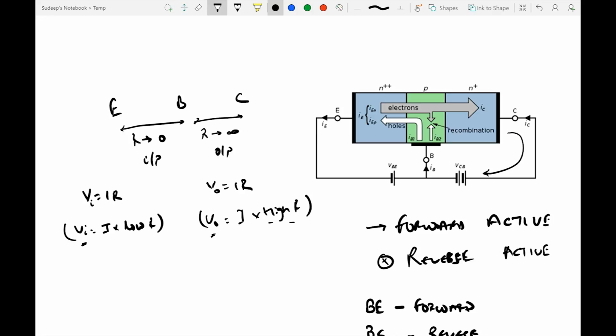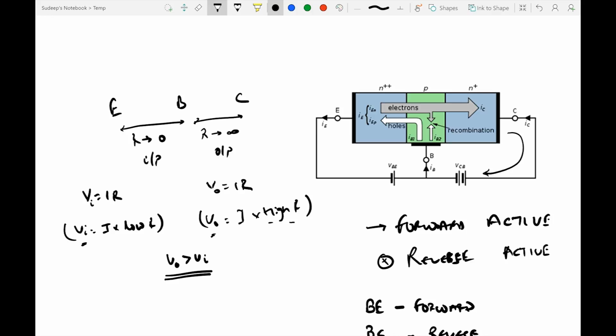So we have been able to get a V output which is greater than V input, which is what we call amplification. Now depending on how we connect the transistor into the circuit, we would be able to achieve either a voltage amplification or a current amplification.